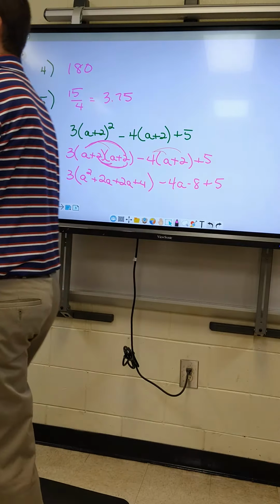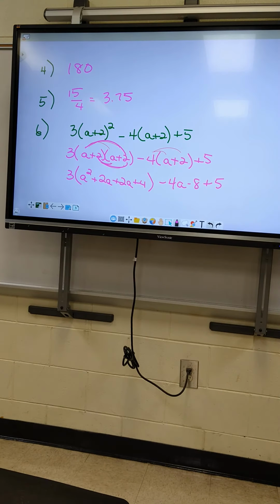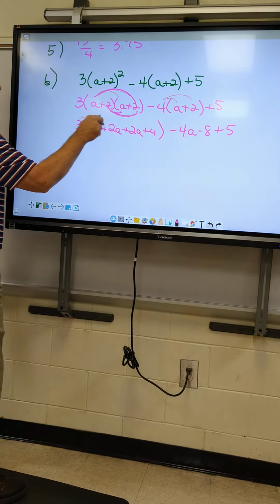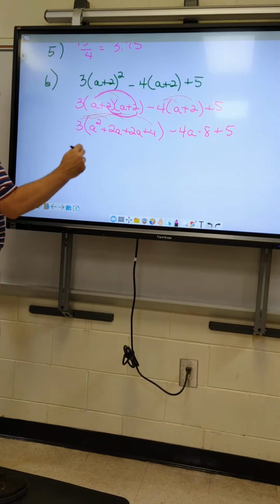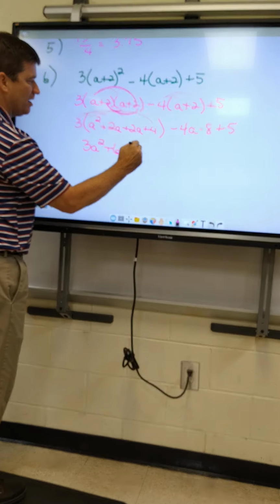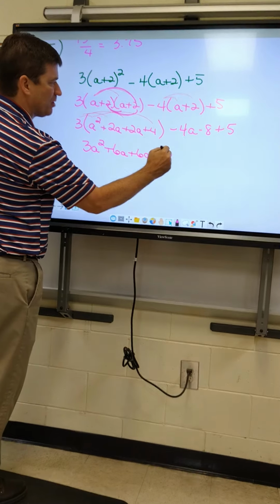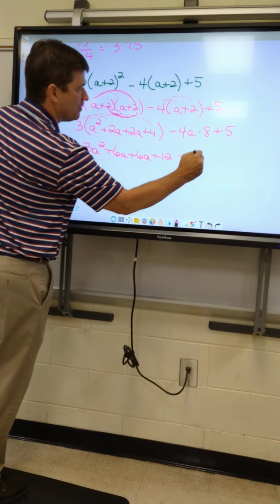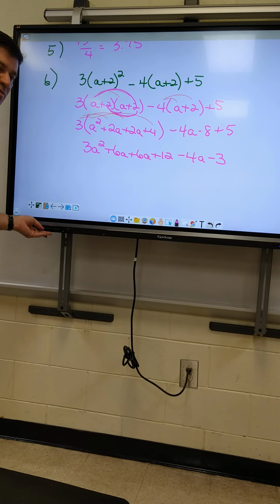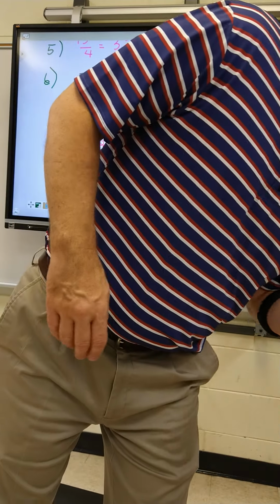You could do it now or later, doesn't matter. All right, so before I can add up like terms, I've got to distribute my 3. So it's 3A squared plus 6A plus 6A plus 12. And I'm just bringing all that other stuff down. Now you guys add up your like terms, and that should be your answer on 6.